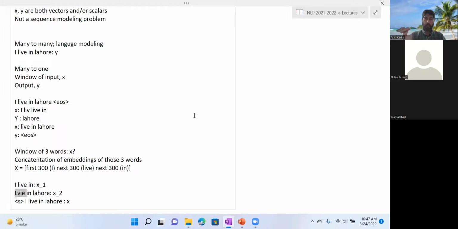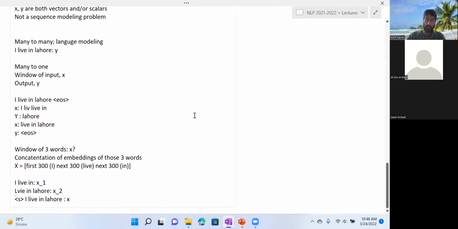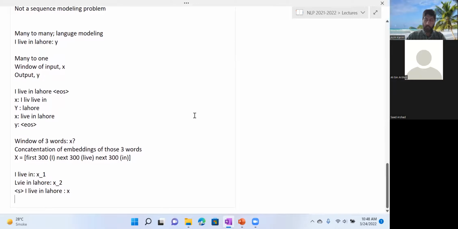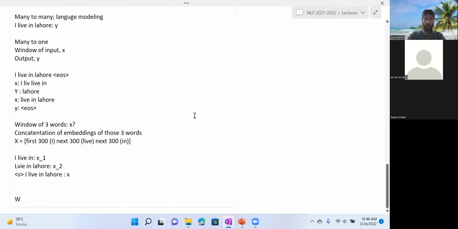So the problem with that is a neural network would not be able to understand that word properly. For example, in a standard feed-forward neural network, we have W1, the weight matrix.